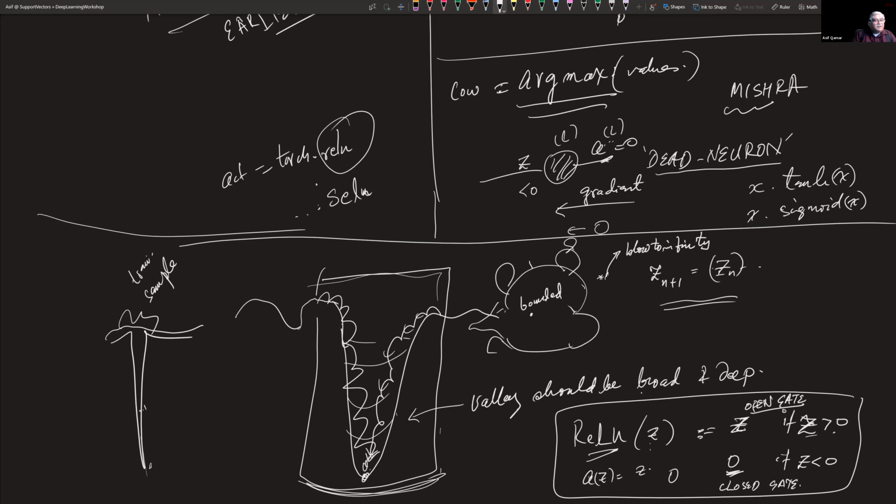If you get 0 in the forward direction, in the backward direction you'll get essentially 0 again, right? So what has happened to this neuron if the gradient goes to 0? If the gradient doesn't pass through, it is not learning. Not learning. And if it is not learning, we call it a dead neuron.